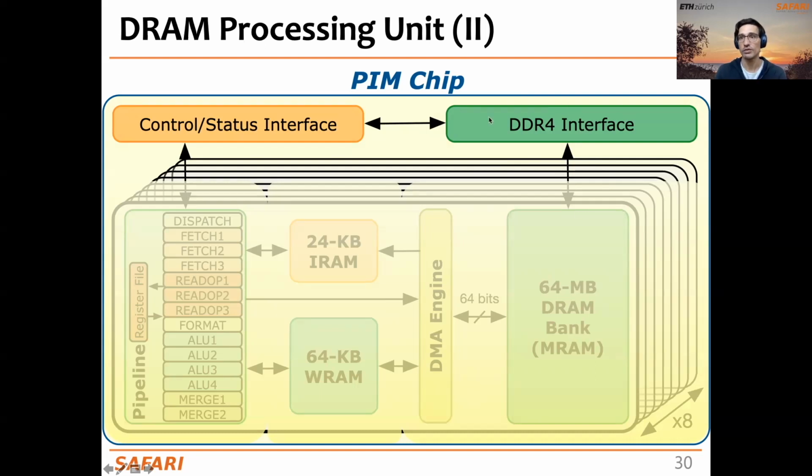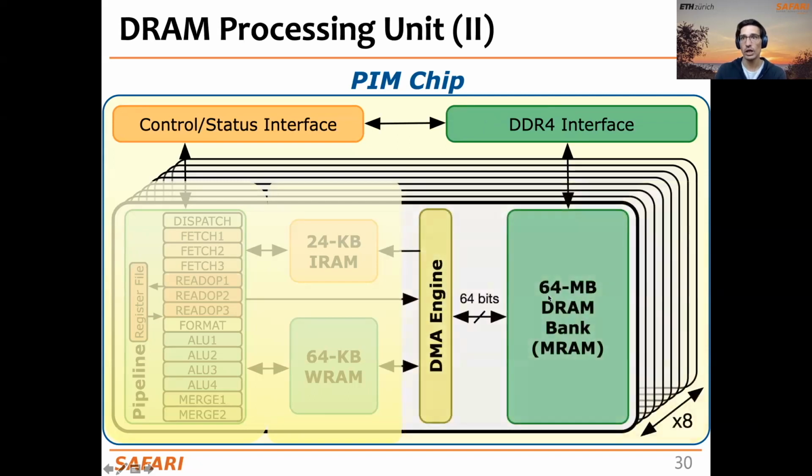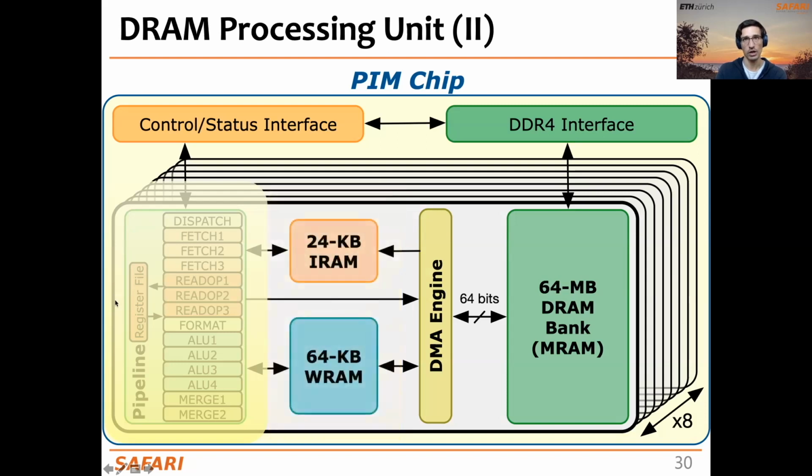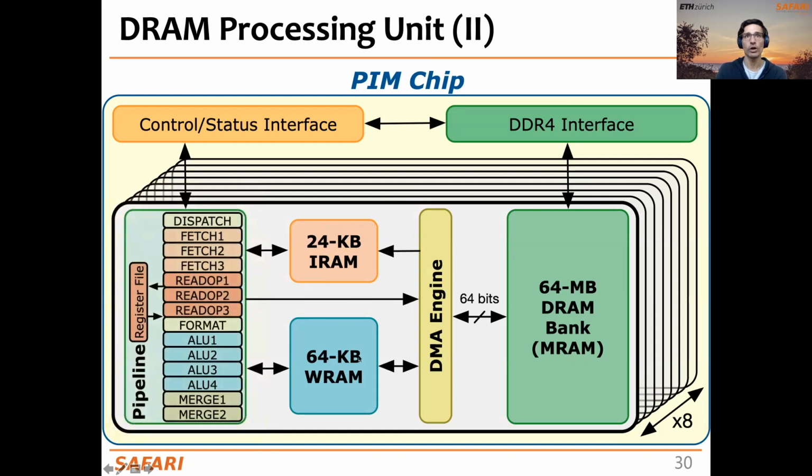So this interface is for the host CPU to be able to access the DRAM banks, called MRAM banks, as you know. And these are accessed from the DPU using the DMA engine in order to read instructions and put them here in this IRAM, an instruction memory, or operands in this WRAM or scratchpad. Both are SRAM-based types of memories.